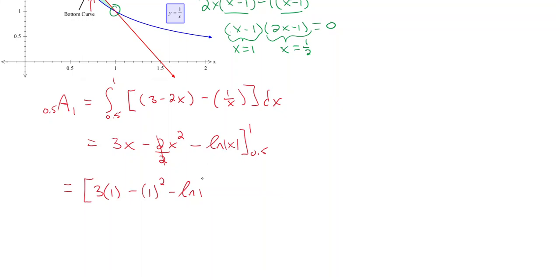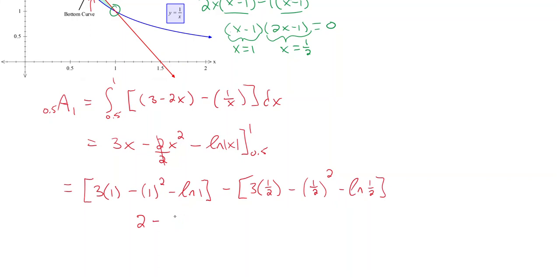And then minus, 3 times 0.5, or a half, minus 1/2 squared, minus the natural log of 1/2. All right, so 3 minus 1 is just 2, minus the natural log of 1.